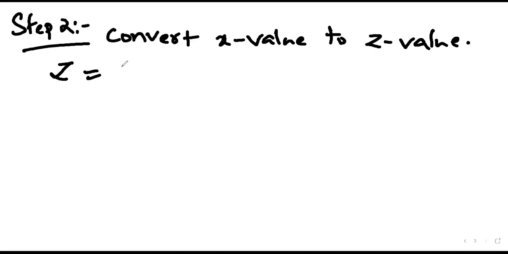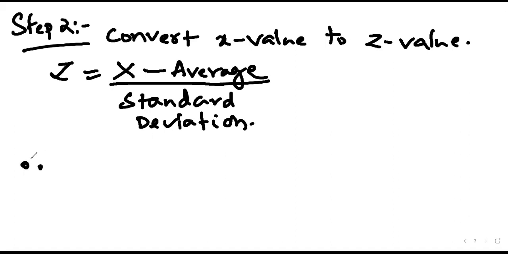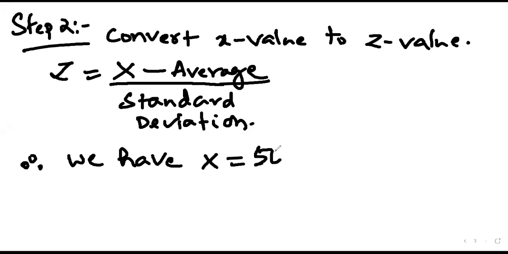Z is equal to x minus average divided by standard deviation. Therefore, we have x is equal to 50, Z is equal to.